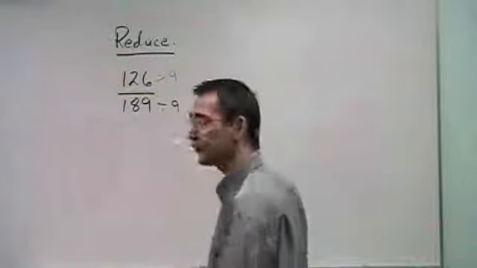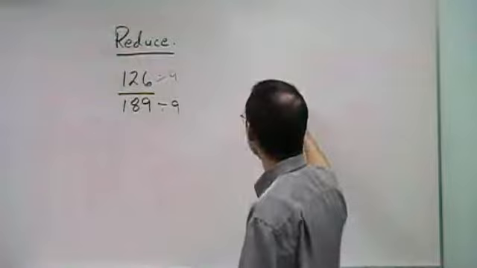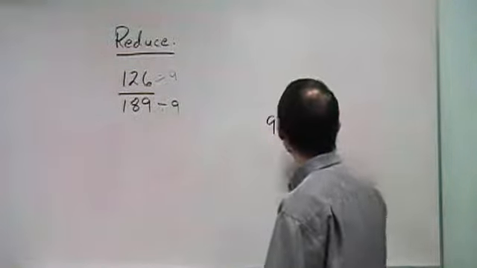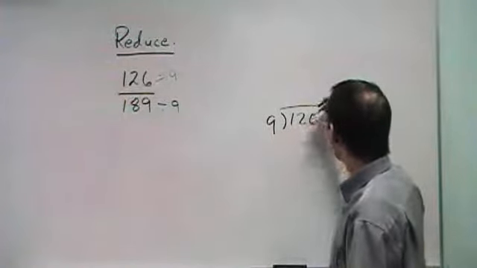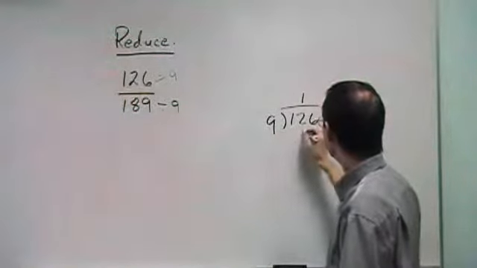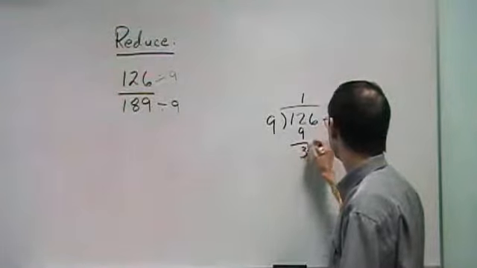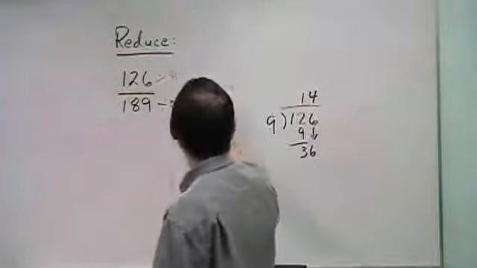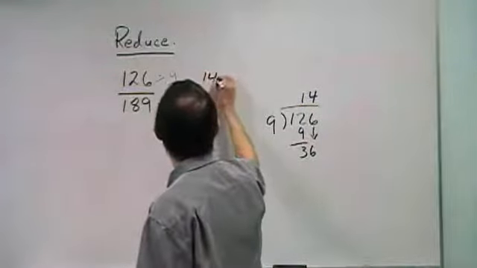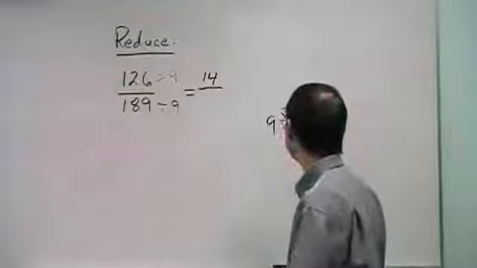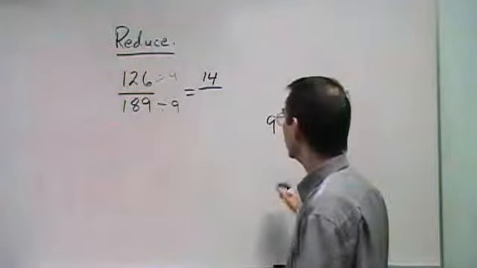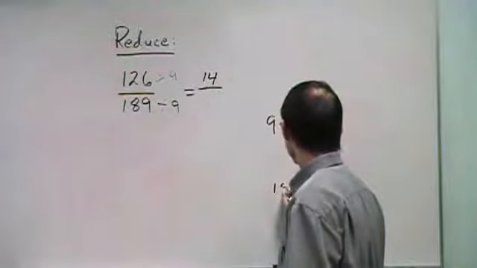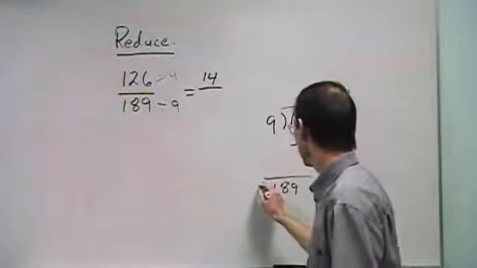So you go over on your scrap paper or wherever and you do the number crunching. So 126 divided by 9. 9 into 12 goes once. That's 4. Okay, good. That becomes a 14 on the top. What about the 189? 189 divided by 9.